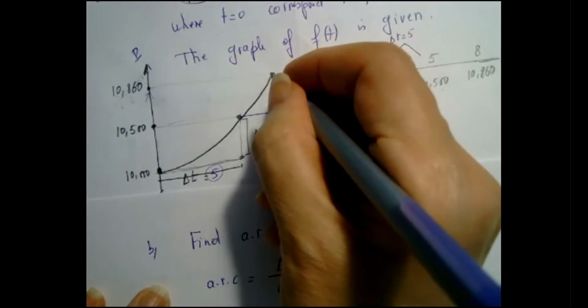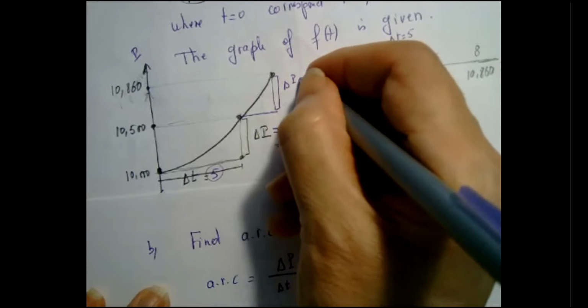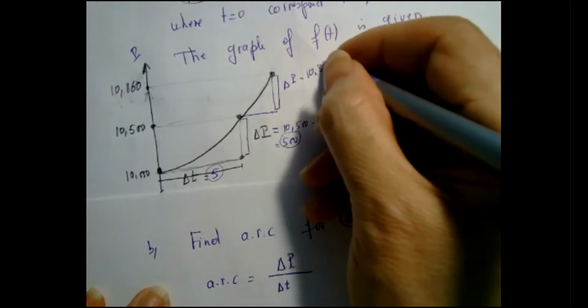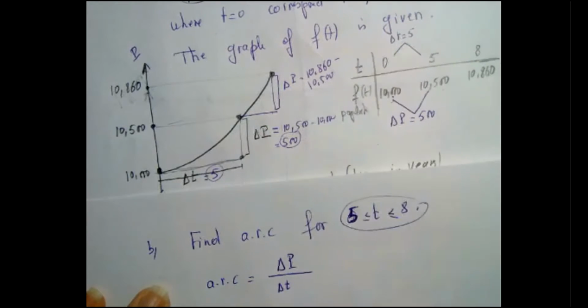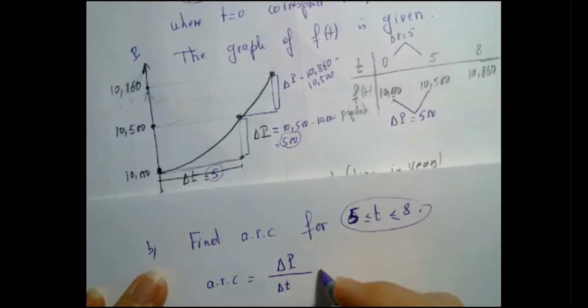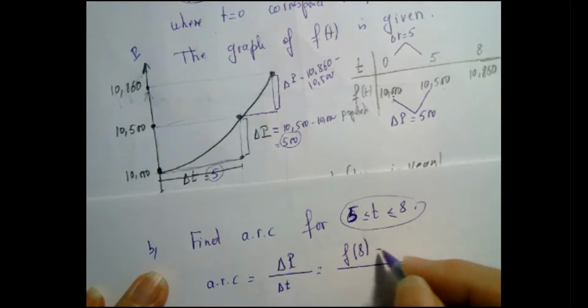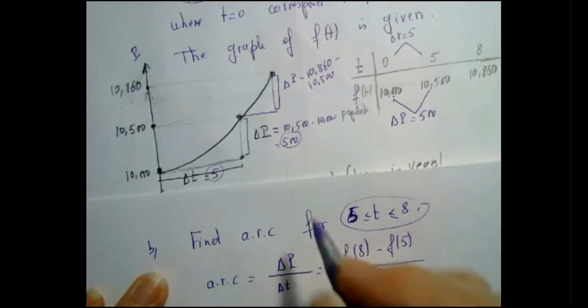So now the change in this case between 5 and 8 is 10,860 minus 10,500. The change is the value at 8 minus the value at 5, divided by the time it took.